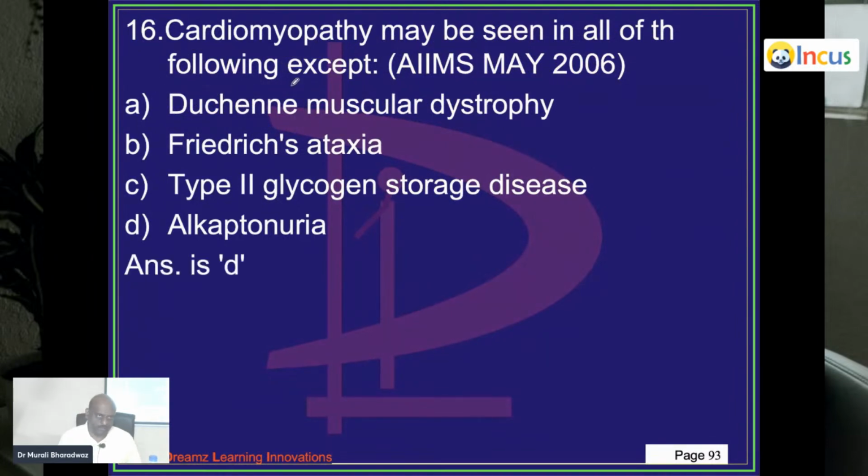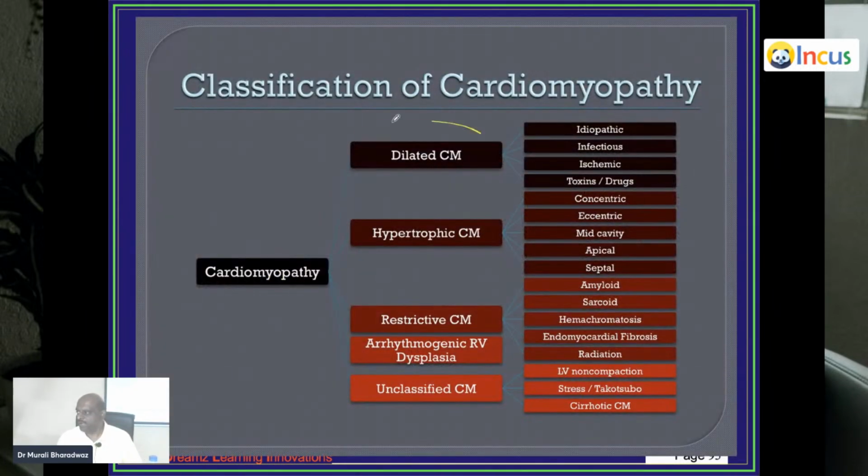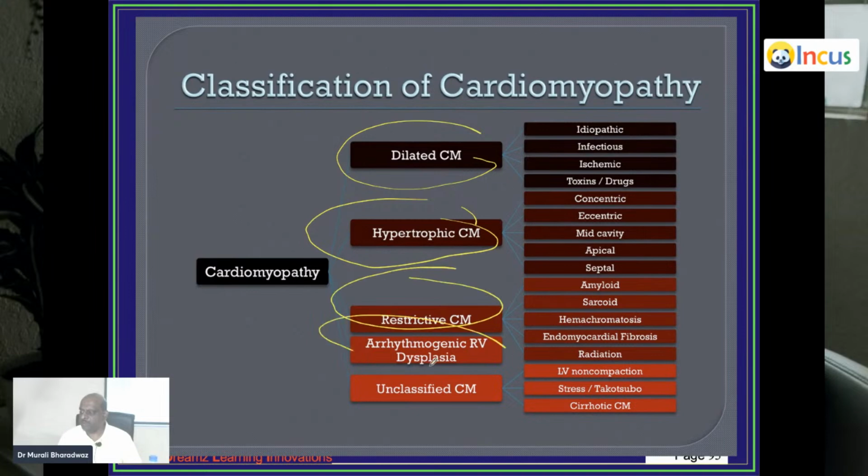Cardiomyopathy, what are all the conditions where you see it? Type 2 glycogen disease, Friedreich's ataxia, Duchenne's muscular dystrophy. Once more, stupid things that we need to remember. This is dilated cardiomyopathy. So dilated, hypertrophic, restrictive, arrhythmogenic, unclassified. This is the broad division of cardiomyopathy.